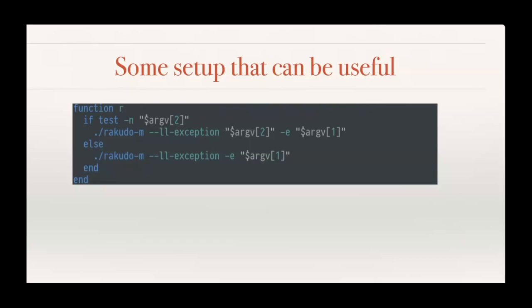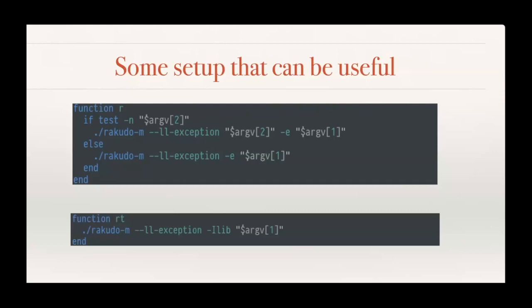So this is another really highly recommended. Do something with R for yourself, some kind of alias to make it easier. And then of course I have to do an RT that doesn't use -e. So this is for running test files primarily, but it could be used to run any script.